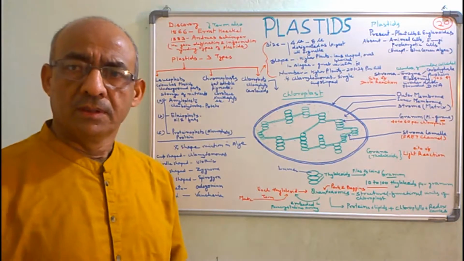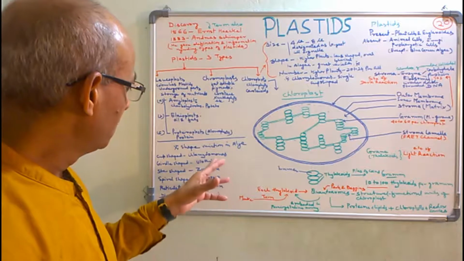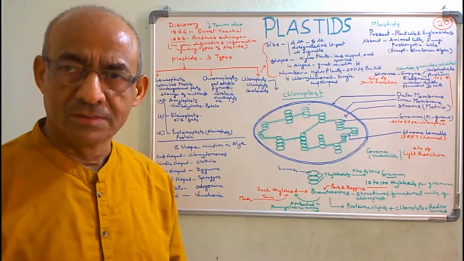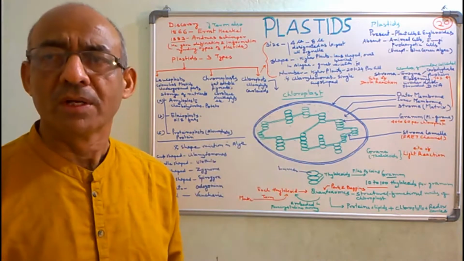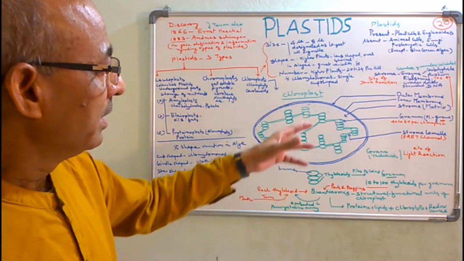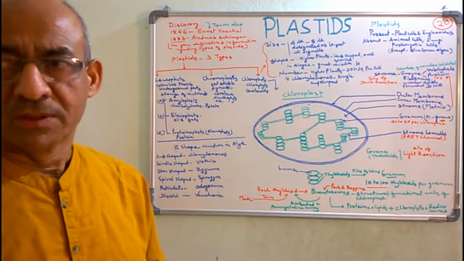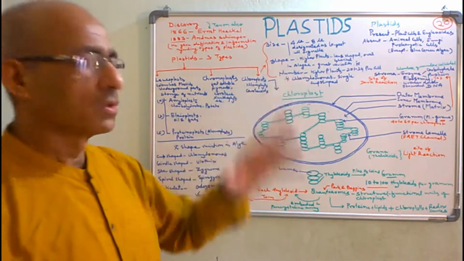But as I told you about Chlamydomonas, in the single cell body of the Chlamydomonas alga, a single cup-shaped chloroplast is found.